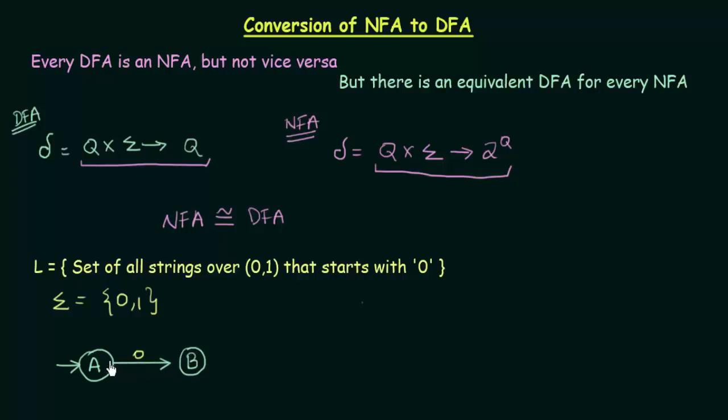So A on getting input 0 goes to B, and B should be my final state or the accepting state. And in B, after that, whatever I get, I don't care whether it is 0 or 1, it stays in B itself. So this is the NFA for L.